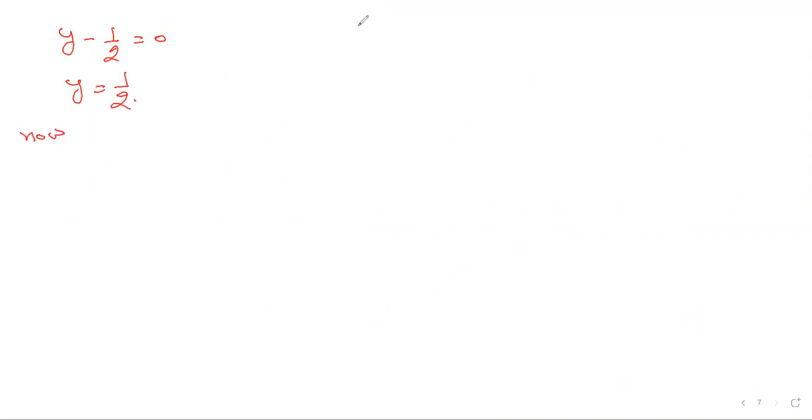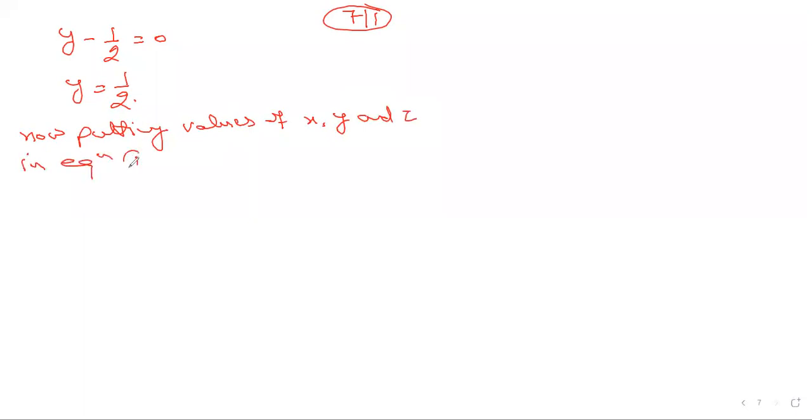Now putting the values of x, y and z in equation 1, T equal to k m to the power 0, l to the power 1 upon 2, g to the power minus 1 upon 2.